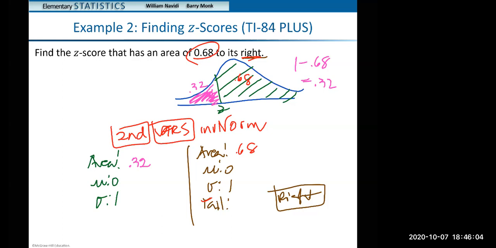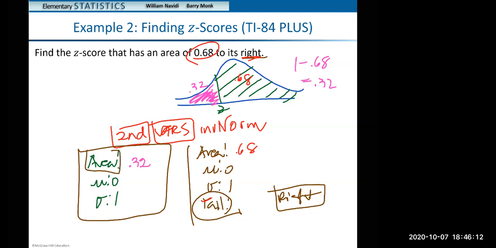Yes, because again, the calculator without the tail, you will see that the area you need to enter here is the area to its left. Okay, thank you. So since the given here is the area to its right, meaning you need to enter the area to its left, you always subtract. You just need to subtract it from 1.